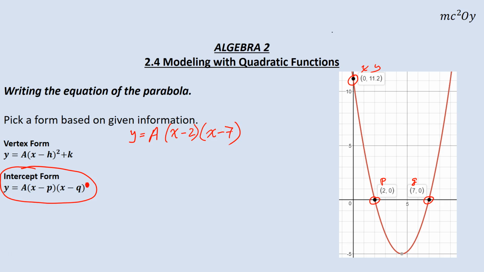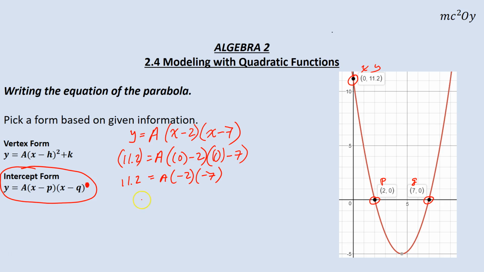Okay. And so now if we want to find our a value again, we have to plug in our other input and output. So we have an input of 0 for x and an output of 11.2 for y. Substituting those values in allows us to calculate our a term. That gives us -2 and -7, oops, got ahead of myself in thinking there.